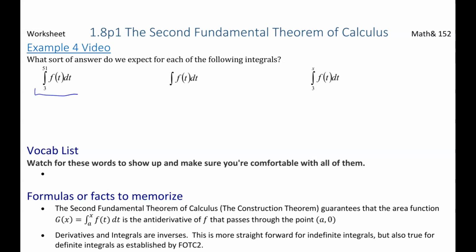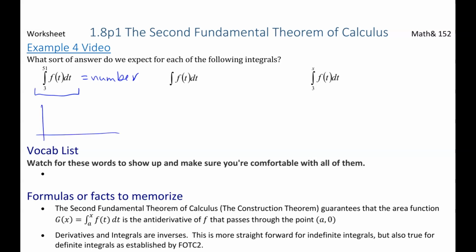So this first one is a definite integral. And in terms of what we're going to get from that, we should be getting a number. And that number represents the area trapped under the curve, f of t, from 3 to 51.